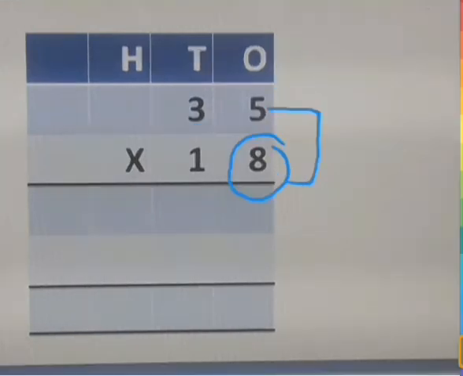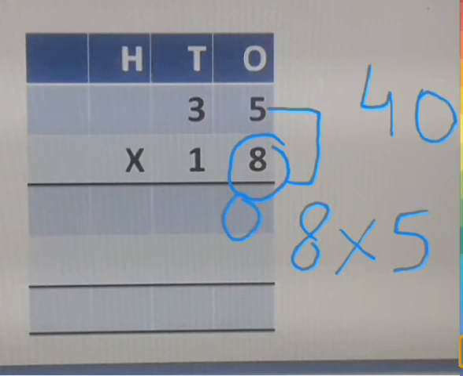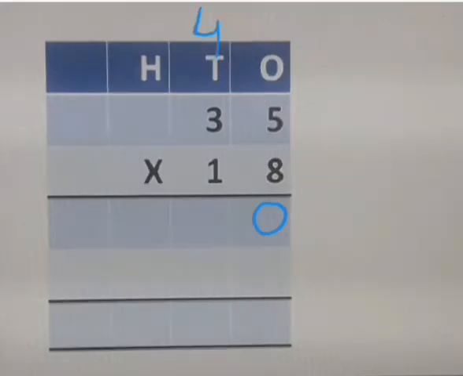So children, what is 8 fives? Yes, 40. So 0 we will write under the ones column, and as we already have a number at the tens place, we will carry over 4 here. Now children, we will multiply 8 by 3.